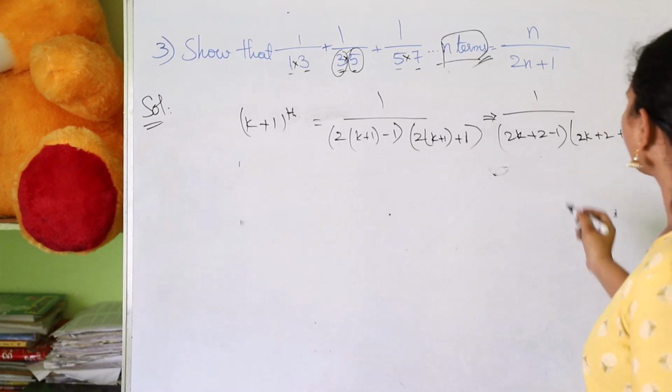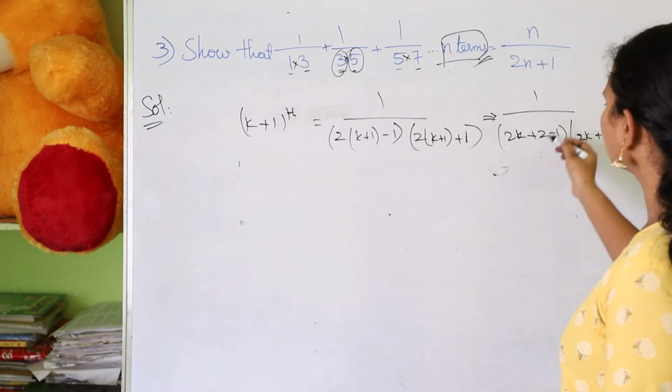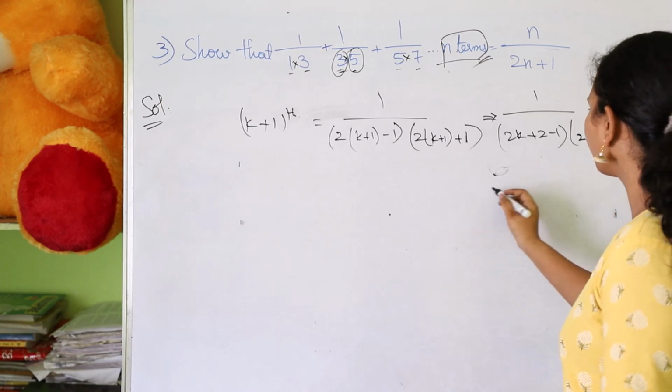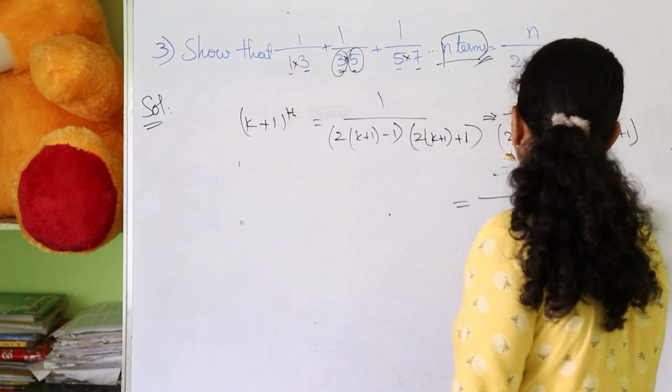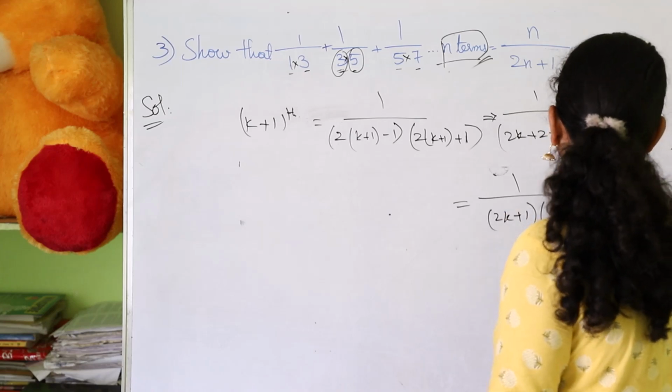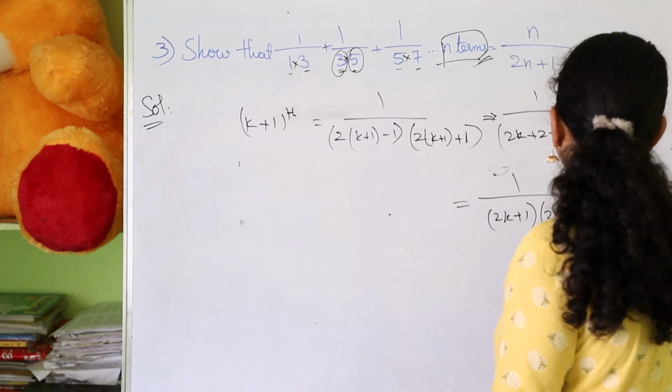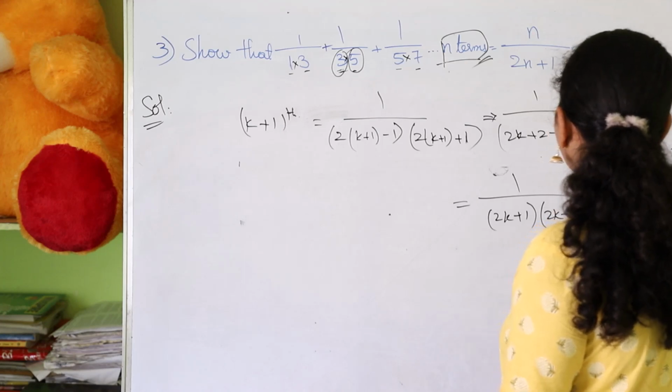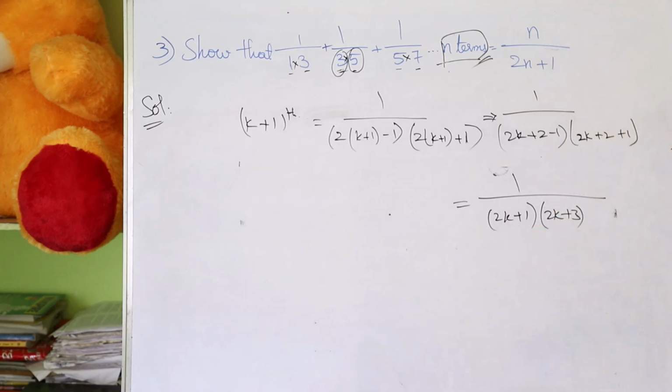Now here you have plus 2 minus 1, so this becomes 1 by 2k plus 1 into 2k plus 3. Let's keep that aside.